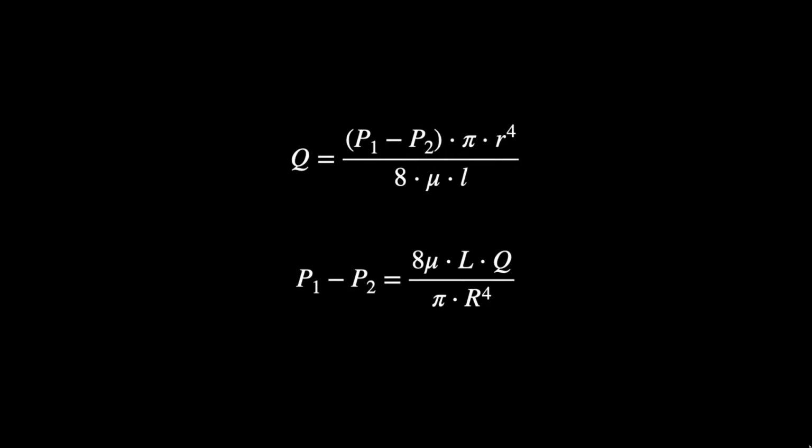If the radius of your artery shrinks by half, the pressure is going to go 1 by 16 times. That's 1 by 16. It's going to go haywire. So that's a really big change for just going half.